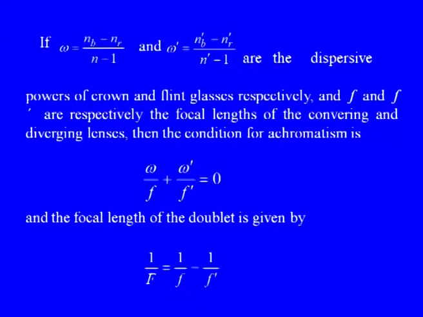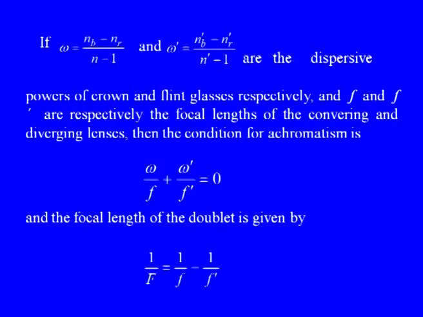powers. So, suppose we have two lenses of crown and flint glasses of dispersive powers omega and omega prime, and f and f prime are respectively the focal lengths of the converging and the diverging lenses. Then the condition for achromatism is given by this.